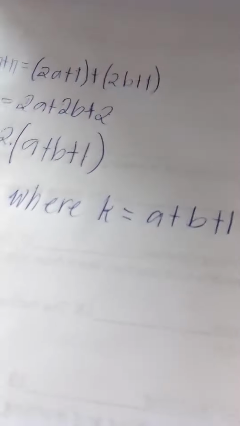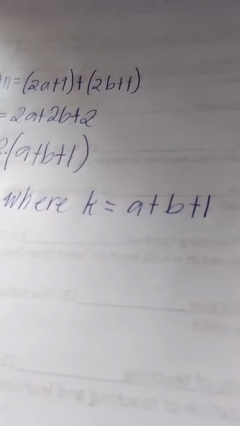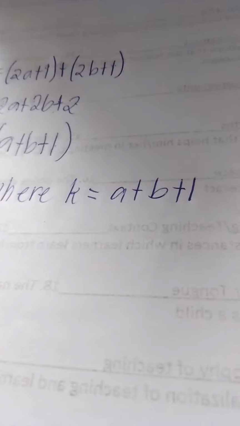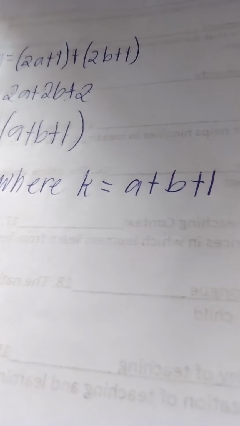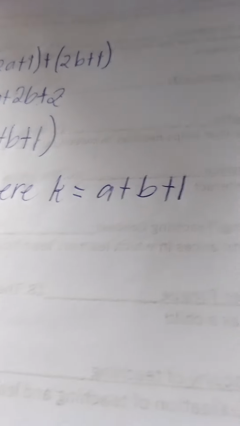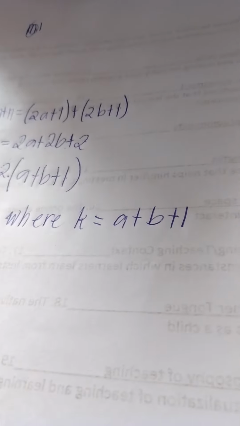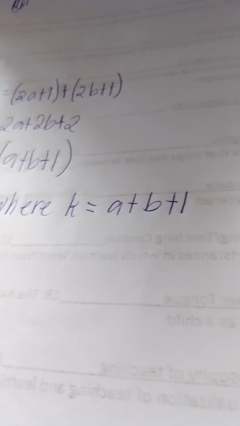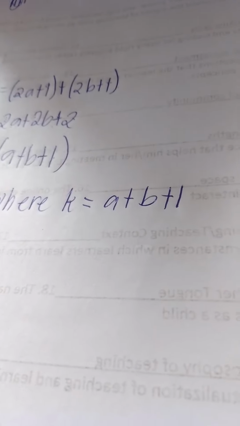That is an integer. Since 2k is the definition of an even integer, m plus n is equal to 2k, an even integer. Therefore, we can conclude that the sum of two odd integers is even.